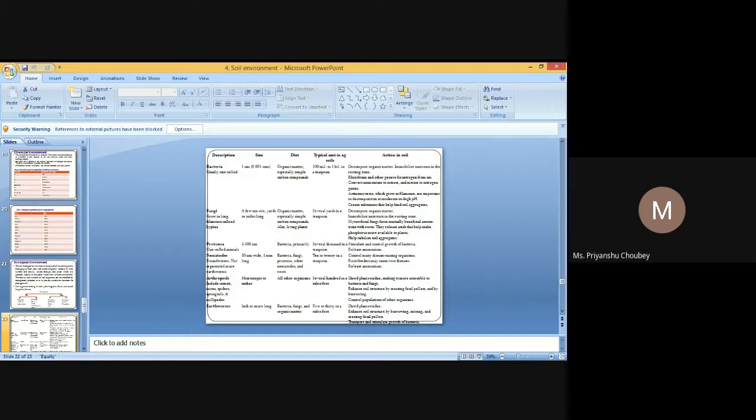Several thousand in a teaspoon, 10 to 20 in a teaspoon amounts available in soil. They stimulate and control growth of bacteria, release ammonia, and control many disease-causing organisms. Root feeders may cause root disease.